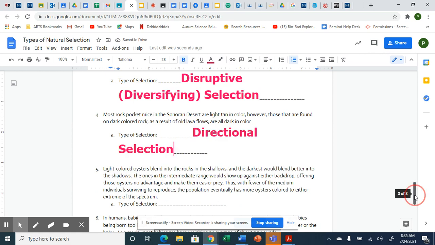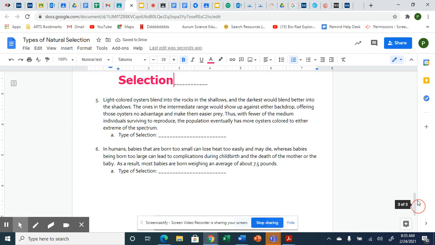All right, light colored oysters blend into the rocks in the shallows, and the darkest would blend better into the shadows. The ones in the intermediate range would show up against either backdrop, offering these oysters no advantage and making them easy prey.